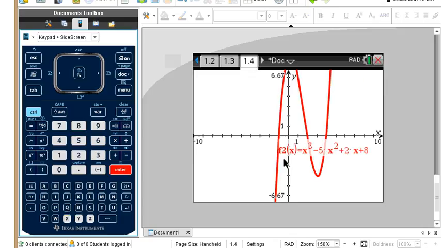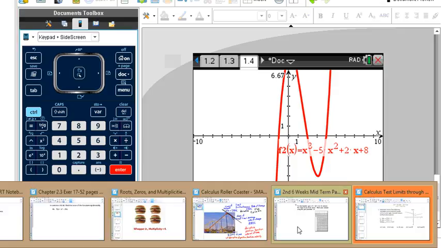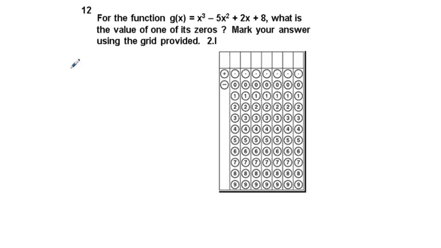So we graph this. We have a zero at x equals -1, and at 2, and at 4. Let me double check the transcription here. It's -1, 2, and 4. So any of these answers would suffice.